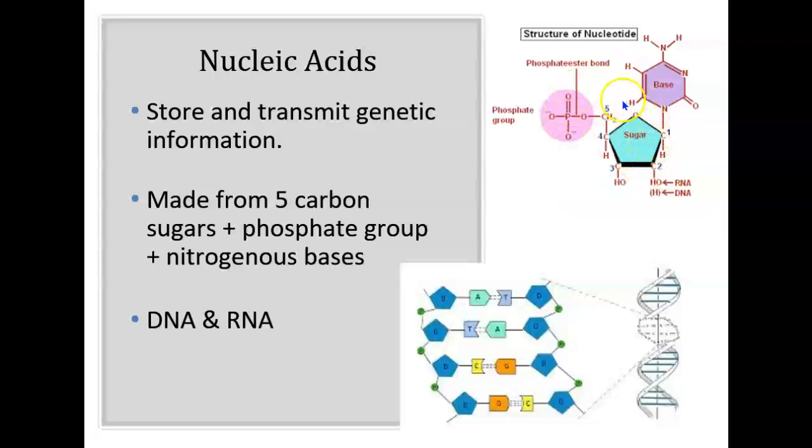So here's that structure again. Now, the 5-sided sugar you see, carbons and hydrogens and oxygens. Now, in RNA, ribonucleic acid, the little foot here has an oxygen as well as a hydrogen. So this is a proper and normal ribose sugar. DNA, or deoxyribonucleic acid, is deoxy, right?